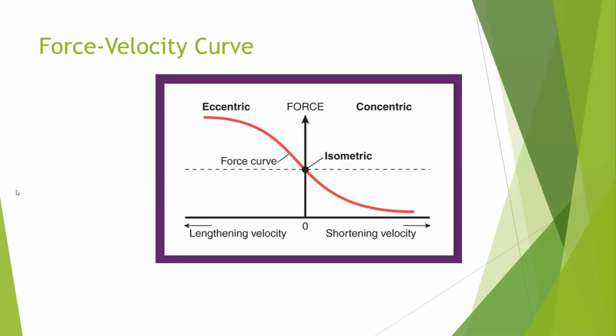Now, the first thing we want to look at here is our force velocity curve. What this means is this tells us how much force we can produce from a muscle contraction relative to how fast that force or that velocity of the contraction is.